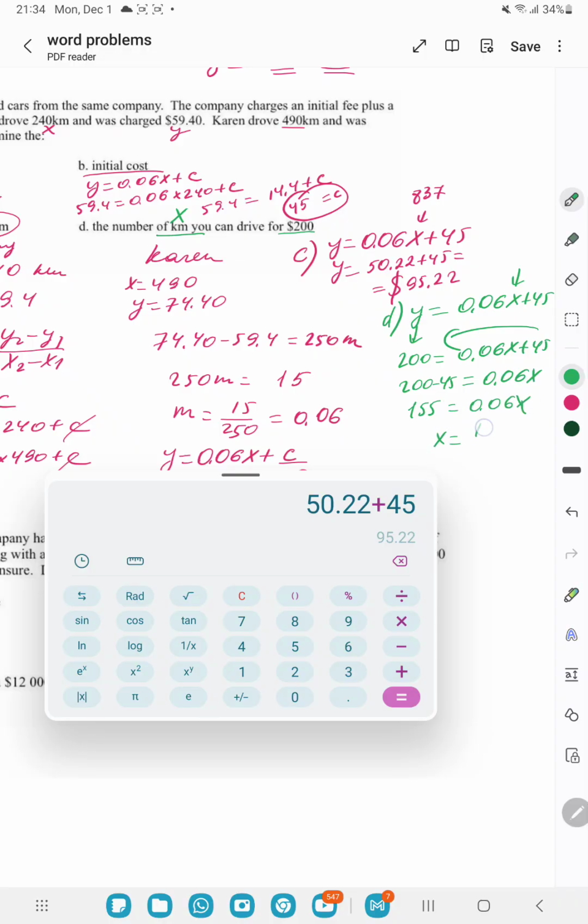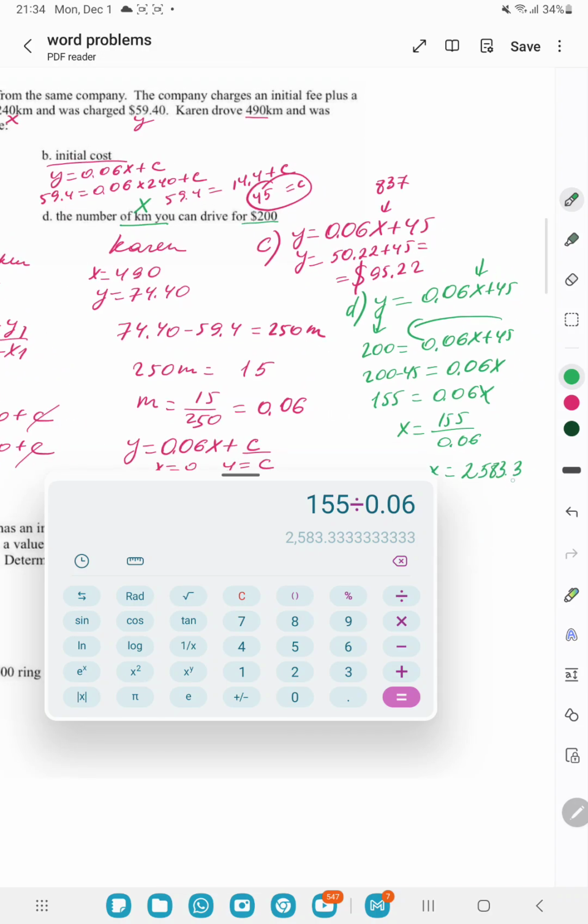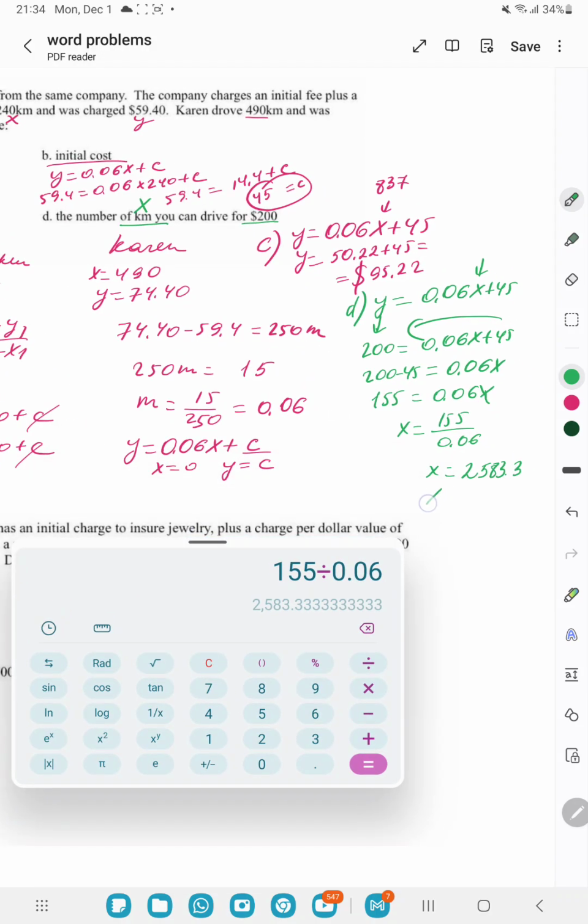To find x, we have to divide the number by 0.06. It will be 2583.3. So we can say that you can travel 2583 kilometers, as a rounded version.